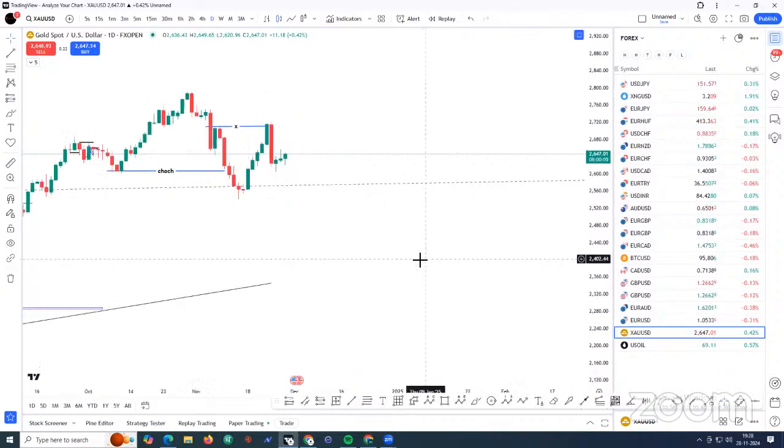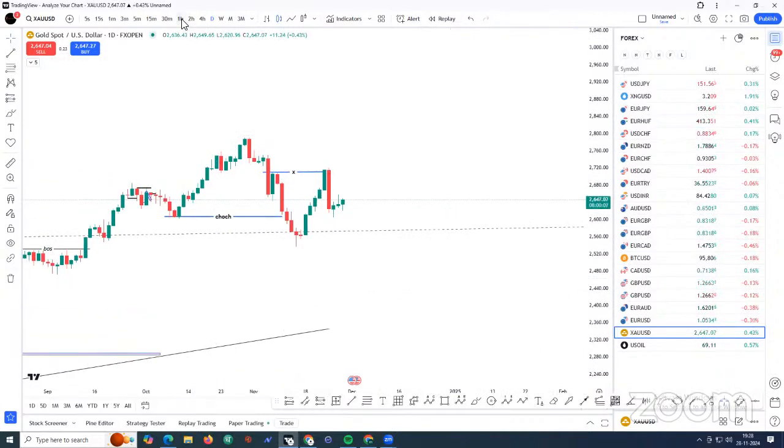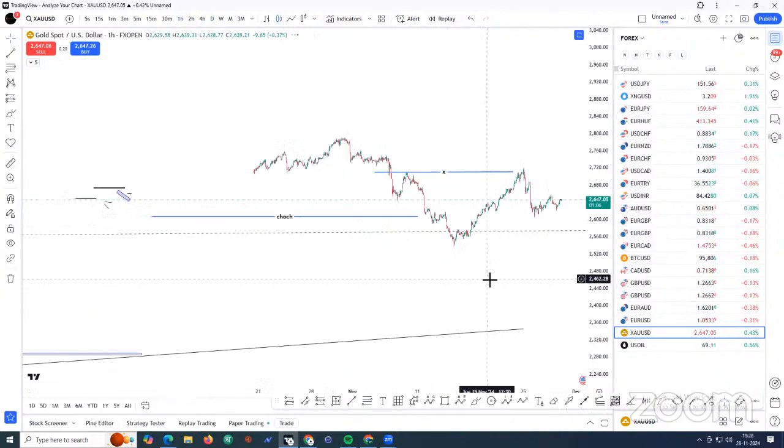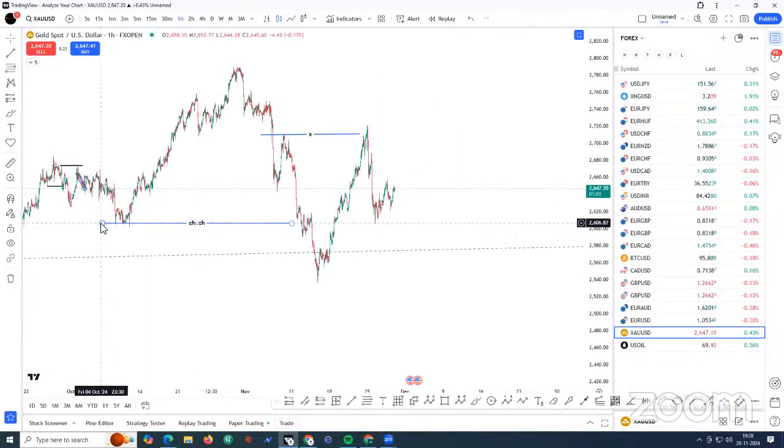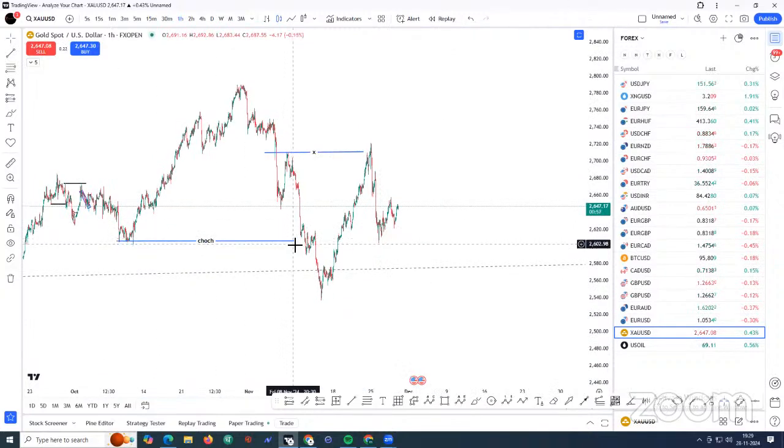Now what can we expect in case of gold on hourly basis?